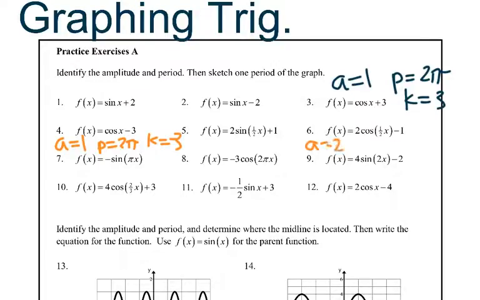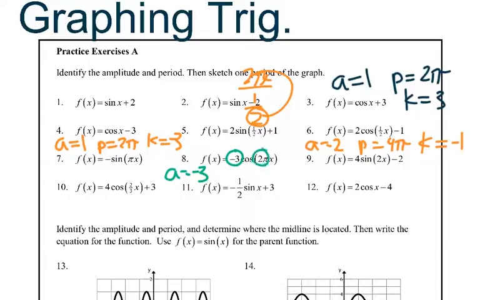Okay, 6, amplitude of 2, period would be 2 pi divided by 1/2. Well, it's like that 2 is going to end up there, so 4 pi, k would equal -1. 8, amplitude of -3, 2 pi divided by 2 pi is 1, so period of 1, and then a k of 0. 10, amplitude of 4, period of 2 pi divided by 2/3, that would be times 3/2, right?